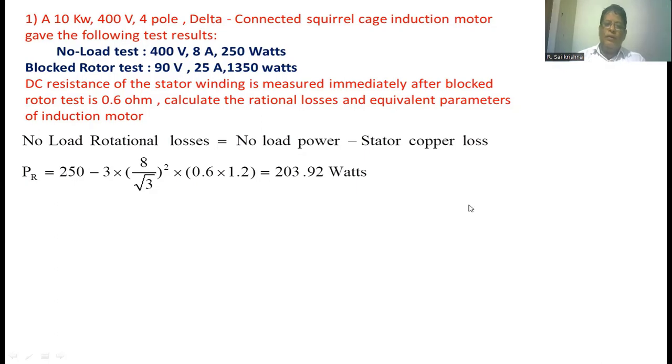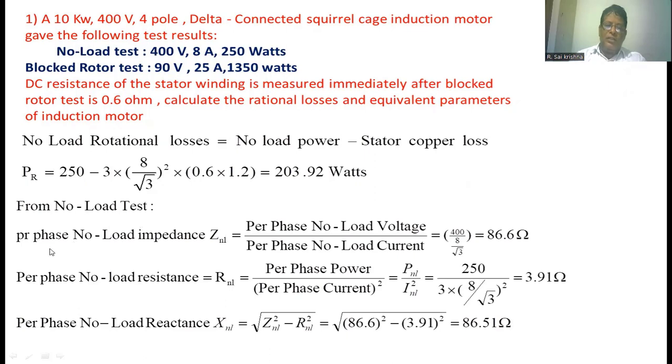Now we are going to find the equivalent parameters of the induction motor. From the no load test, the per phase no load impedance Z_NL equals per phase no load voltage divided by per phase no load current. It is delta connected, so line voltage equals phase voltage: 400 divided by 8 by root 3, which simplifies to 86.6 ohms.